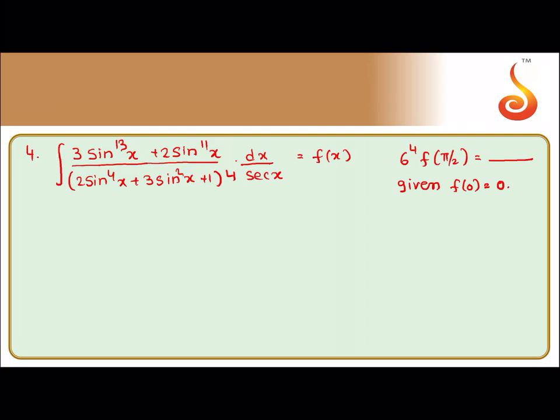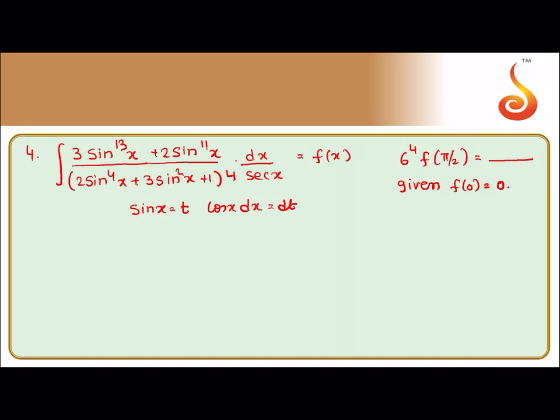Given f of 0 is equal to 0. Now, if you observe very carefully, 1 by secant x is cos x. So again the concept: observe the derivative of sin x and the highest degree term in the denominator.